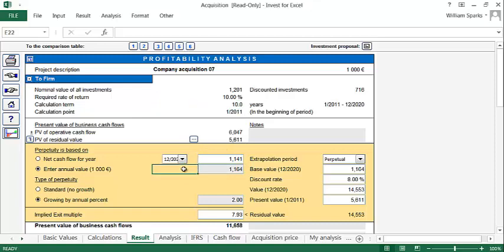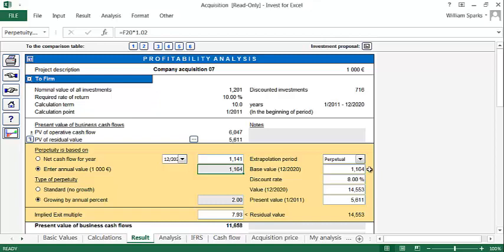Just the base value, yes, it was like I included 2% inflation also, because this 1141 was the 10th year, but now we have 1164, which is sort of the value that it would be on the 11th year. Because otherwise, how Inverse calculates is it assumes that the 10th and the 11th year are the same size, no 2% growth.